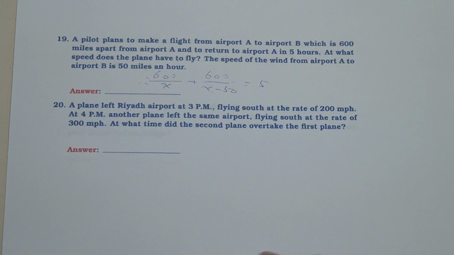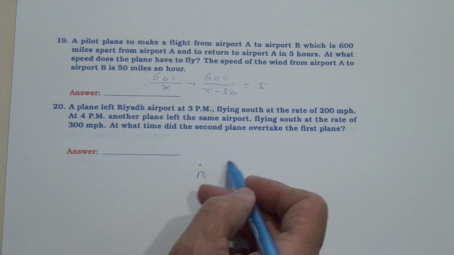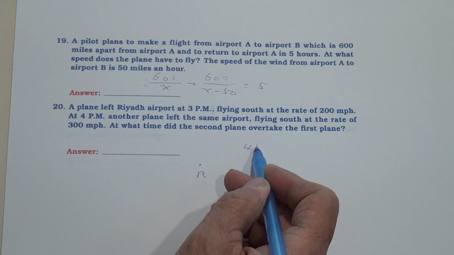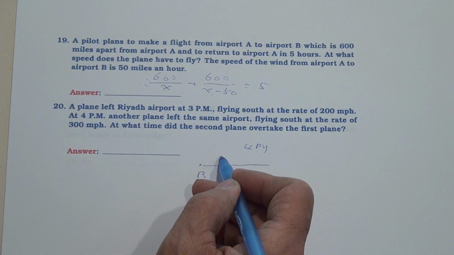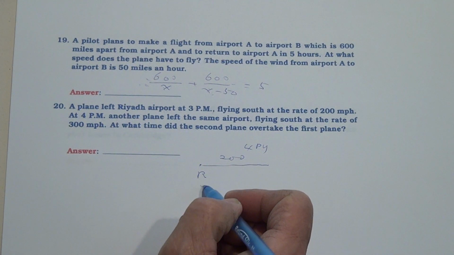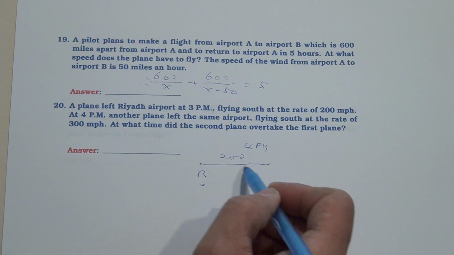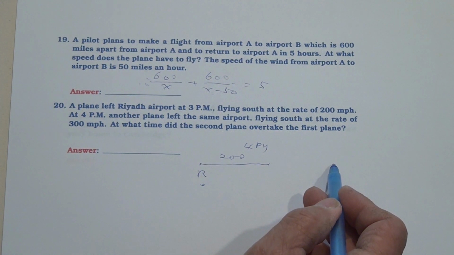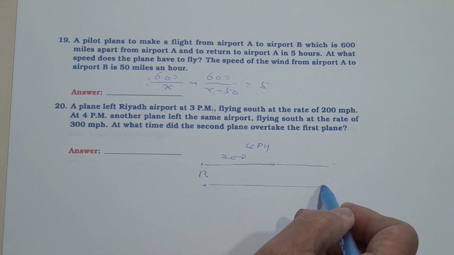Okay, from Riyadh at 4 p.m. the first plane was already 200 miles out, but the other one at 4 p.m. was at 0. So at a certain point when they are at the same point, the second overtakes the first. Is that right?